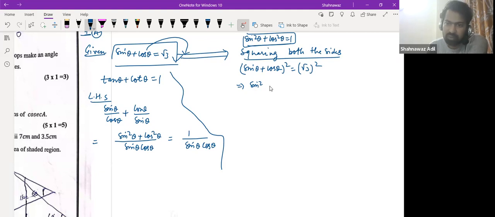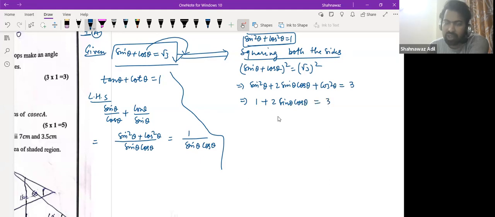That will be sine square theta plus 2 sine theta cos theta plus cos square theta. This is simple, right? Sine square plus cos square will be 1, plus 2 sine theta cos theta. This was a simple question, right?